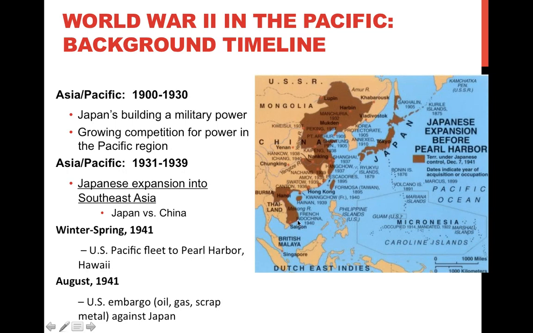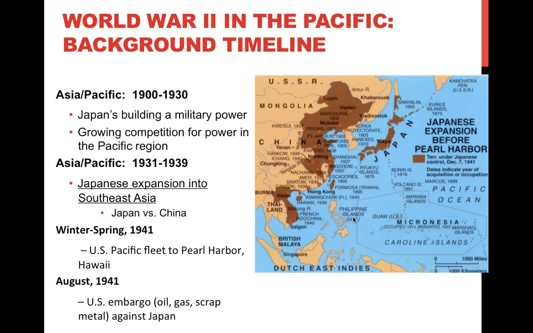And Japan is potentially threatening this island nation right here, the Philippines. And the reason why this is significant is because in the late 1930s, the Philippines was a colony of the United States. And so the US saw Japan as directly threatening its resources and its influence in the Western Pacific. And so there are growing tensions leading into 1941.